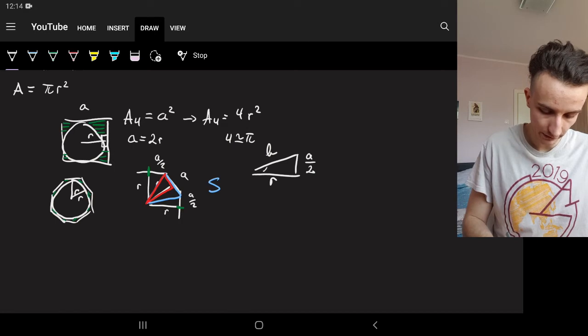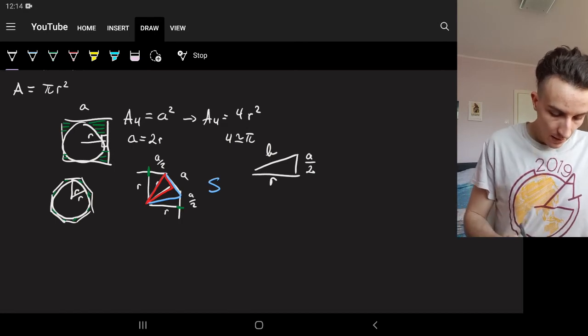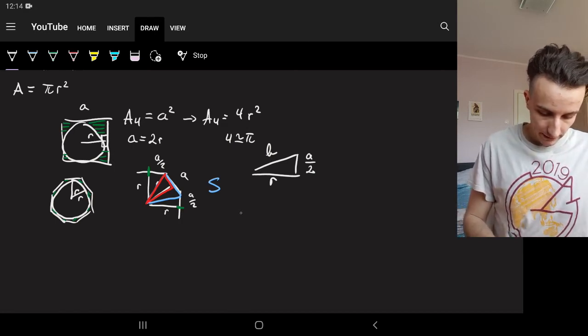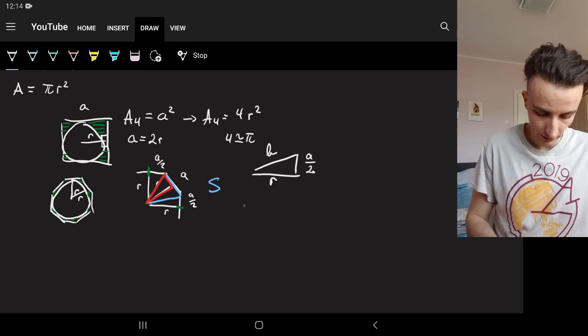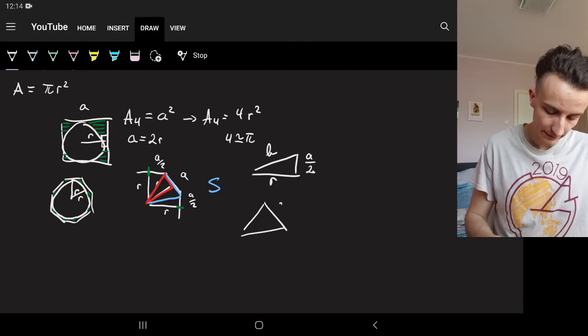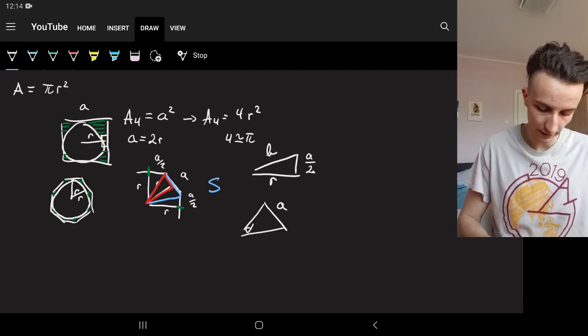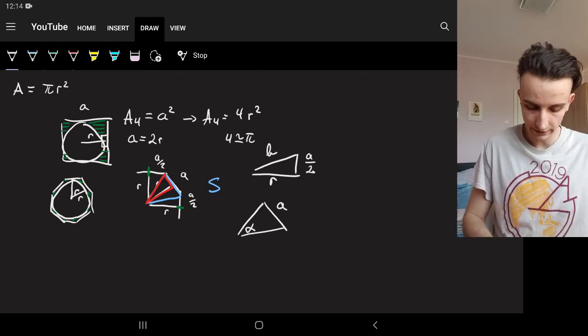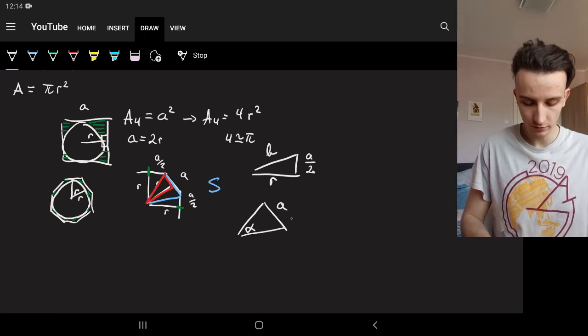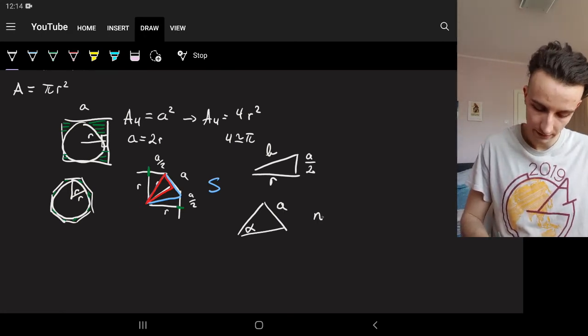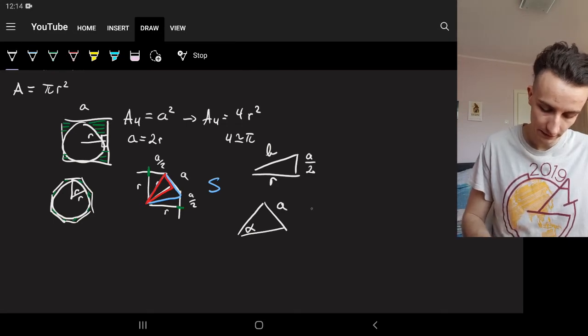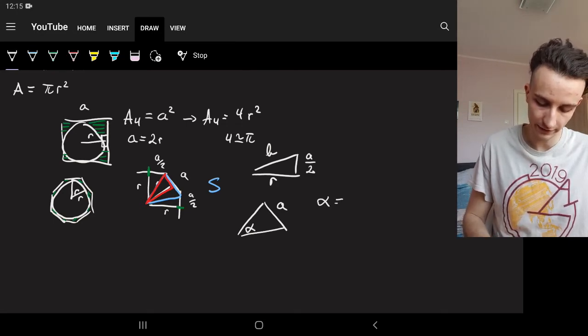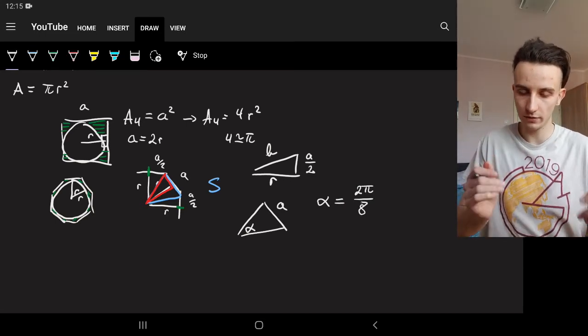Another thing is we know this angle. If we look at this big slice, triangle S, which is double the size, we notice this is a. And if we call this angle alpha, we know that there are n a's in an n-gon. In the octagon's case alpha is 2 pi over 8, so it's an eighth of a whole circle.